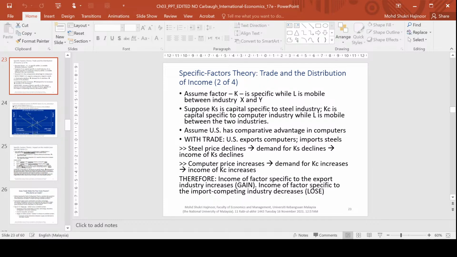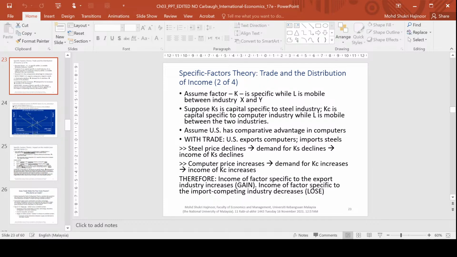So I want to emphasize to you this direction. Do not say that equalization of the prices of factors makes equalization in prices of goods. No, the other way around.